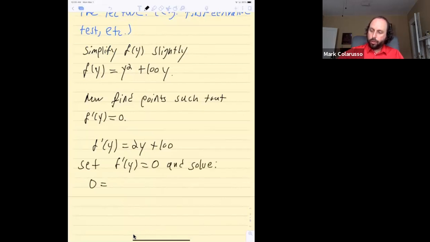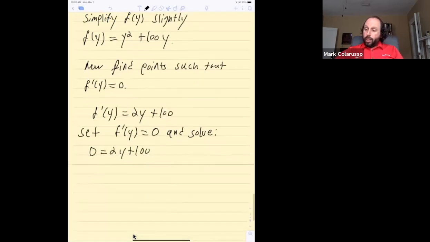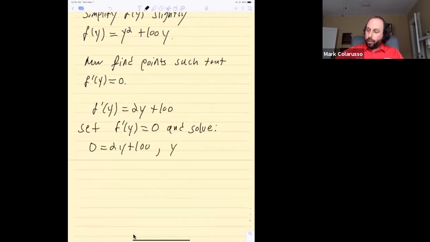So we get 0 equals 2y plus 100. And so if my algebra is any good on this Monday, I would get that y equals minus 50, right? So now we have to figure out, do we want to do the first derivative test or the second derivative test? The second derivative is very easy here. So let's do the second derivative test.